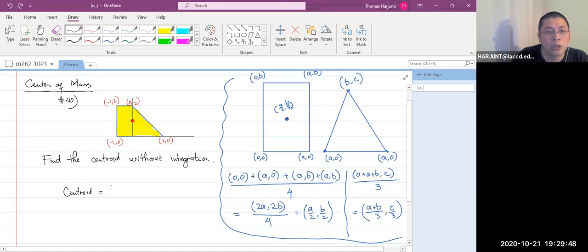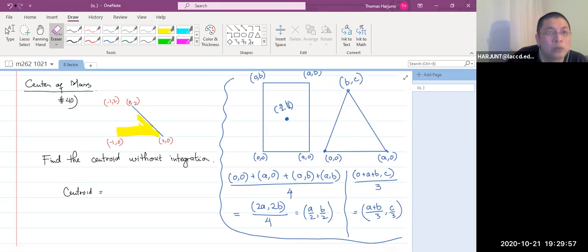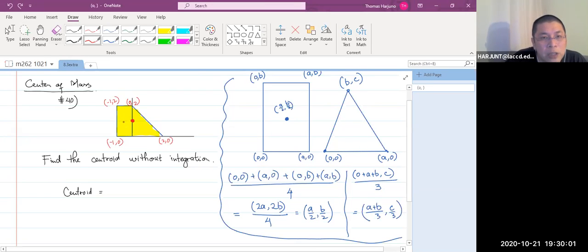Okay, so the center of mass for the first one is here. I tried to erase this red dot here. No, I will just leave that red dot there. So the first one is here, while the second one is somewhere here. So the centroid of the rectangle will be, what's that?